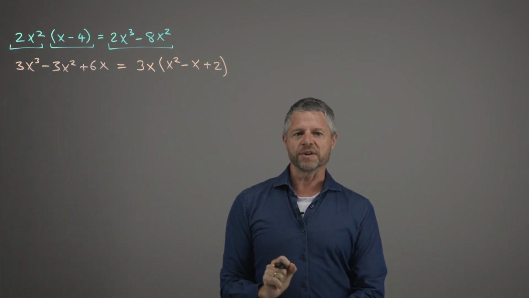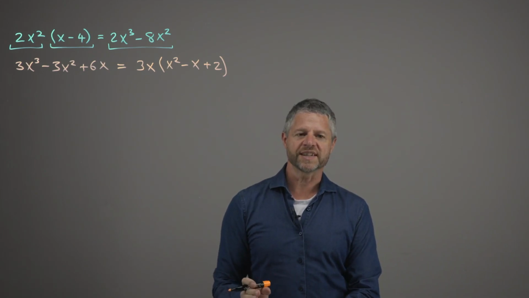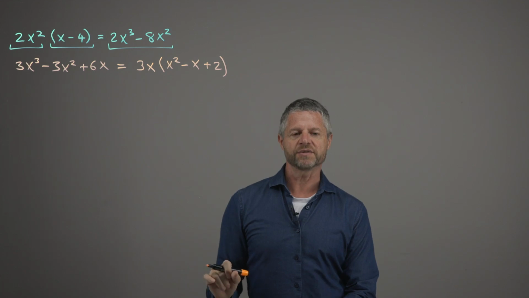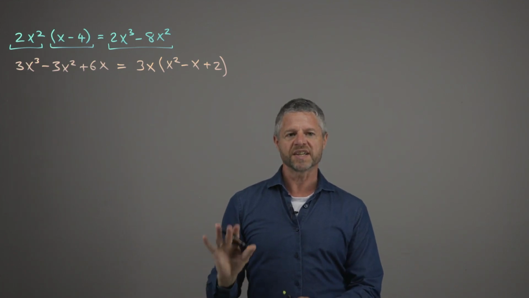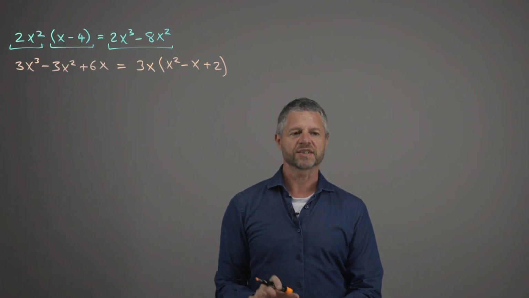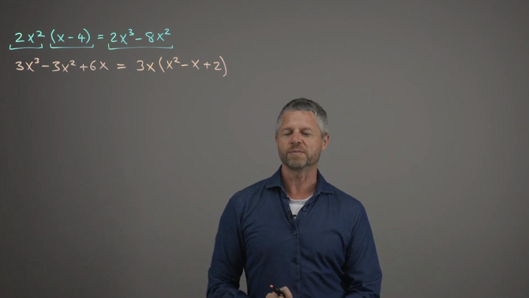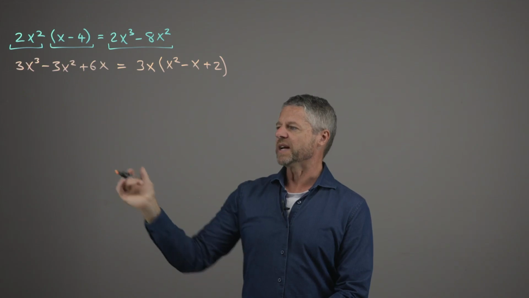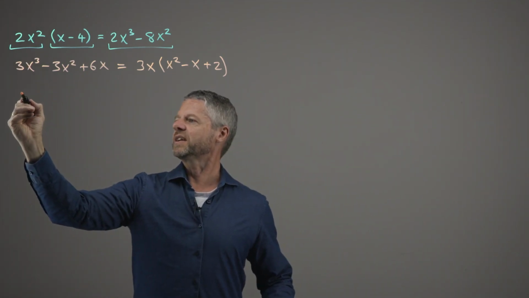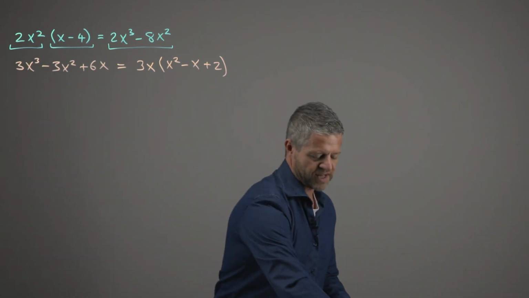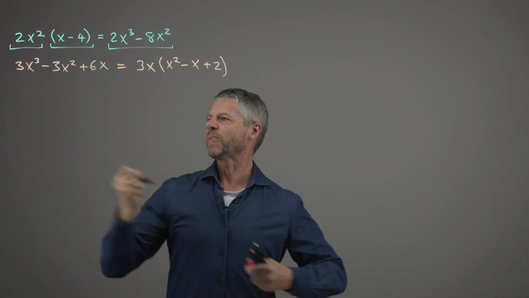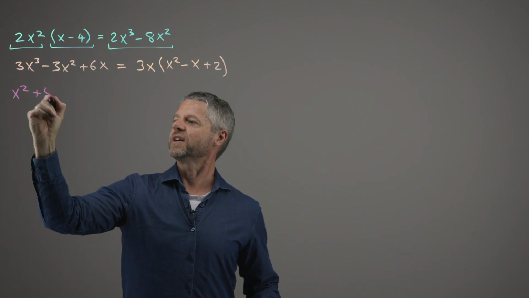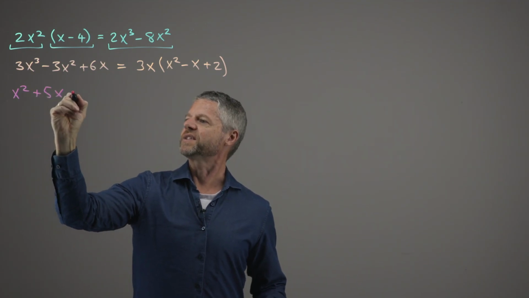Degree 2 polynomials are called quadratics. I'll spend a little bit of time going through factoring quadratics, because that's a very common task that you'll need to perform. As an example, let's think about this quadratic: x squared plus 5x plus 6.